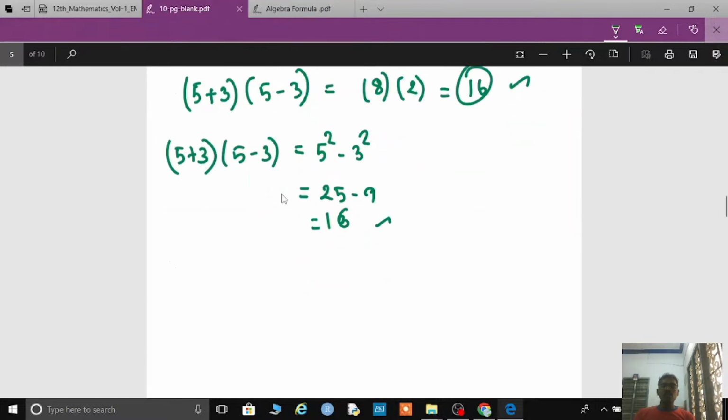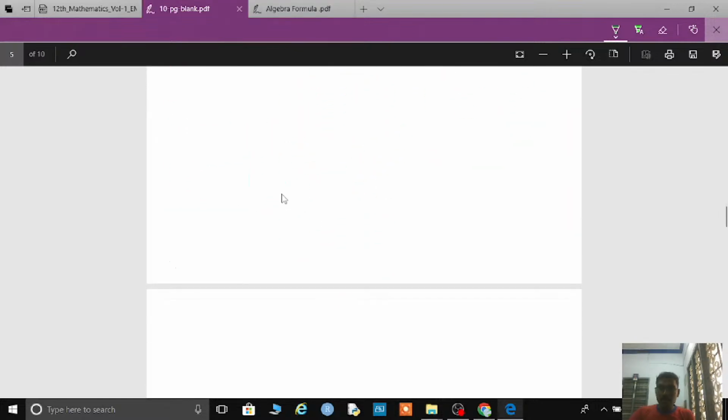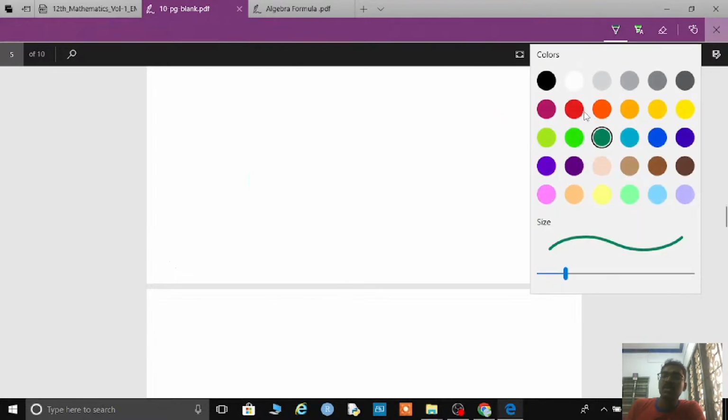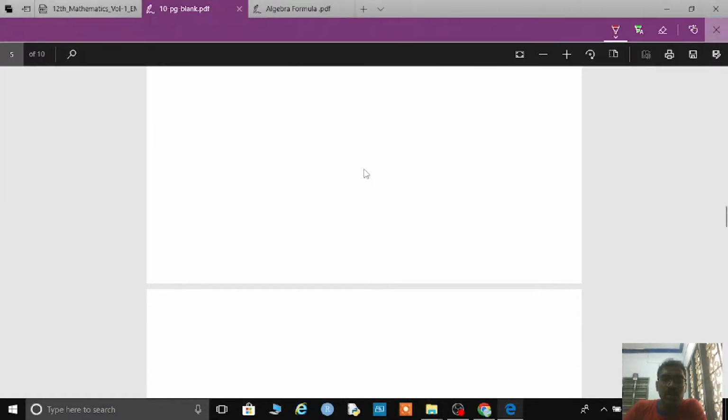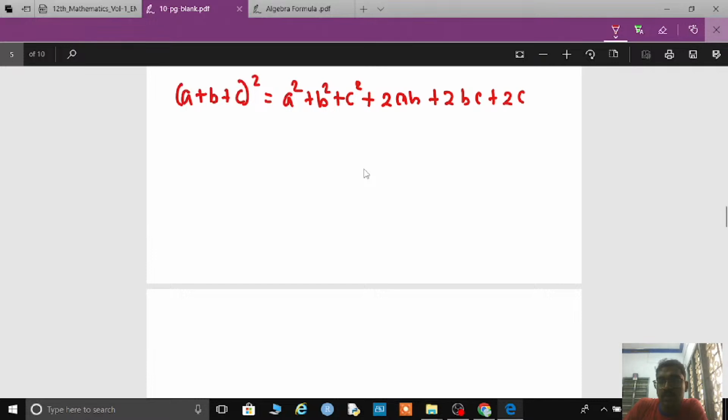Okay, let's go through the formula and apply any one of the formulas. So we can move over to the formula a plus b plus c the whole square. I hope you understand from this step. a plus b plus c the whole square is equal to a square plus b square plus c square plus 2ab plus 2bc plus 2ca.